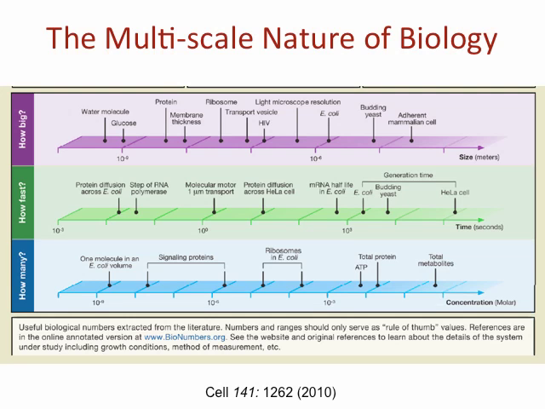slide. First 10 to the minus ninth, this is molar, so moles per liter. If you look at the volume of one E. coli cell, which is on the order of a cubic micron, 10 to the minus ninth molar would correspond to about 1 molecule per cell.